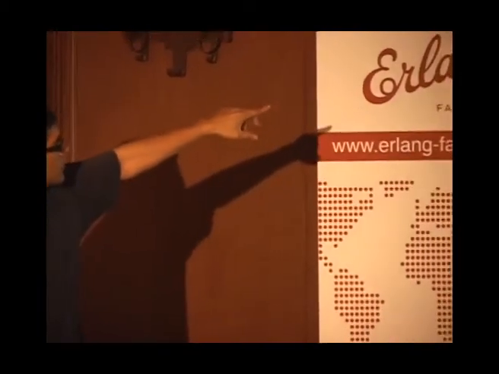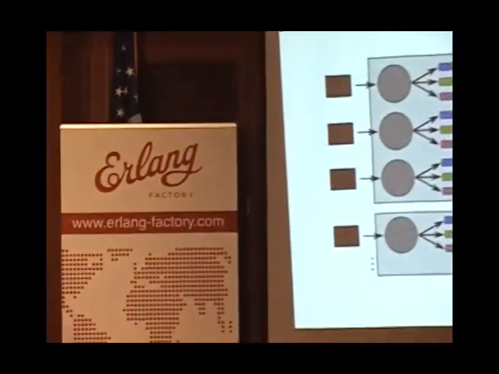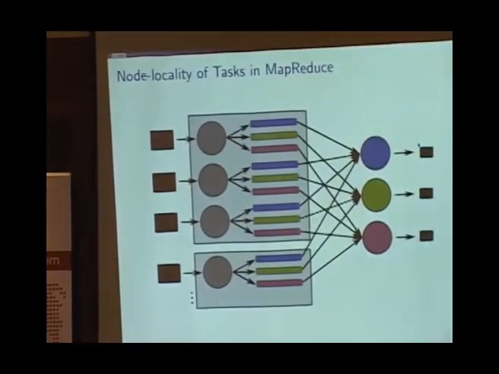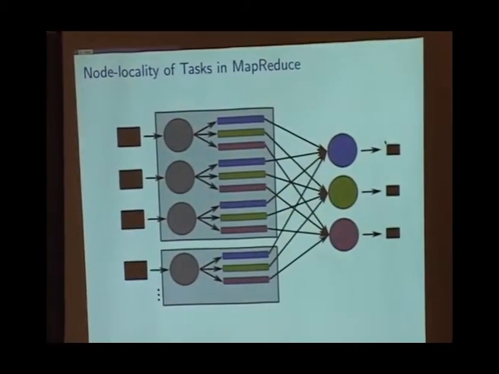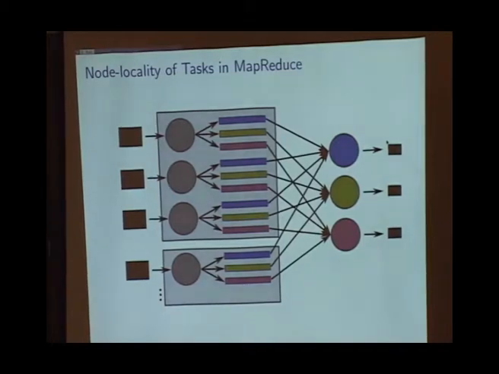So what happens once your MapReduce task flow graph actually runs in a cluster, you will have some tasks that run on the same node. So that's this gray box here. You have 3 maps that ran on the same physical or virtual node.